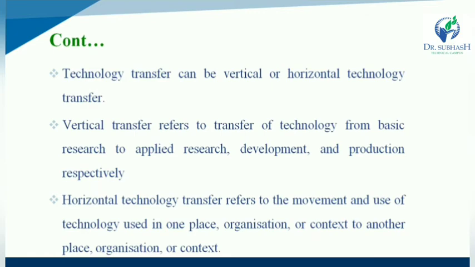horizontal technology transfer, it refers to the movement and use of technology that is used in one place, organization, or context to another place, organization, or context. So in vertical transfer, technology is transferred from basic research to applied research, development, and production, while horizontal technology transfer refers to the movement and use of technology from one place, organization, or context to another.